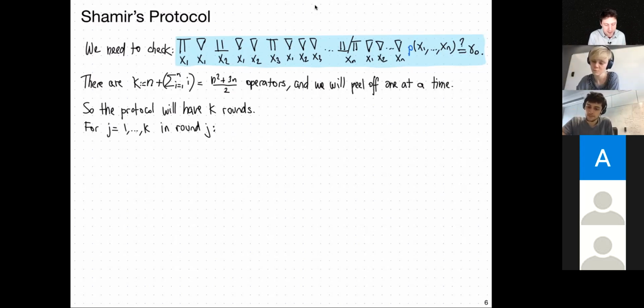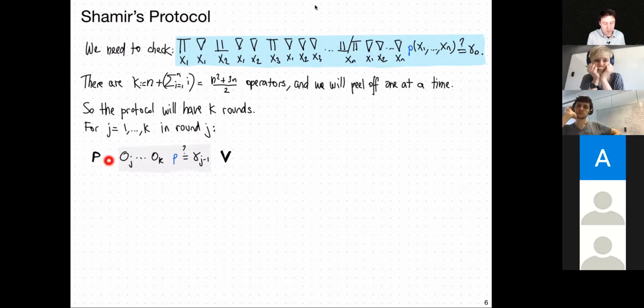So we're going to have k rounds, and in round j, we're starting with some claim that abstractly looks like this. We have some operators left. We had a total of k operators. We are at round j, so we're starting from the jth operator, right? But of course, the other operators O1, O2, up to O_{j-1}, we have already dealt with them.